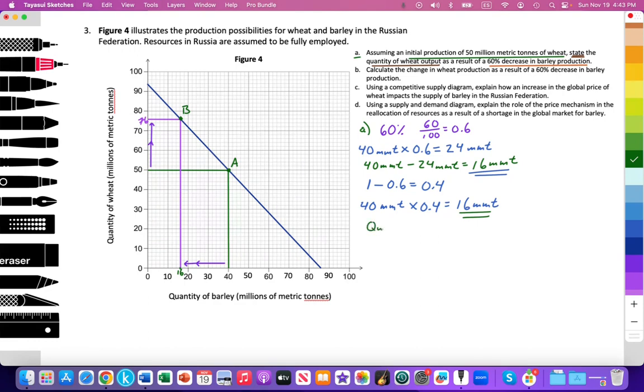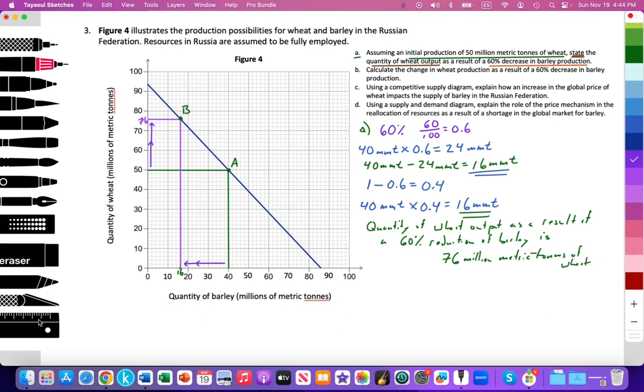The quantity of wheat output as a result of a 60% reduction of barley is 76 million metric tons of wheat.